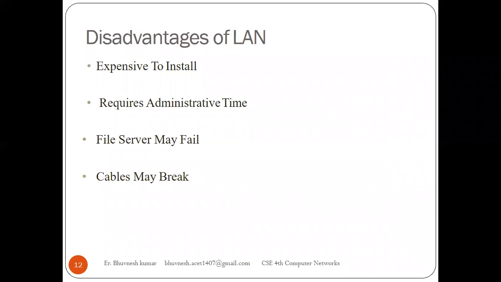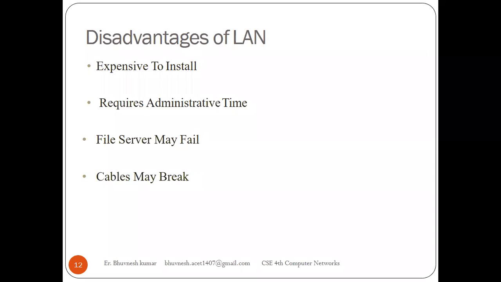But what are the disadvantages in your local area network? First is expensive to install. Okay. Second is requires administrative time. If there is a server, okay, then an administrator is needed.